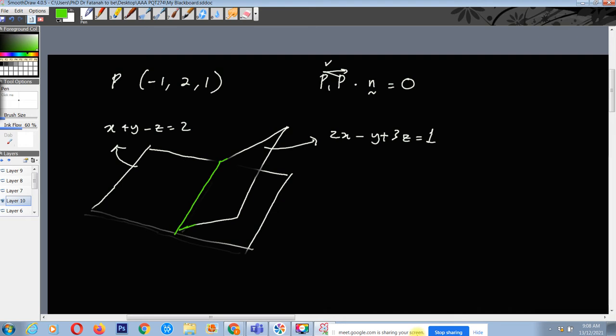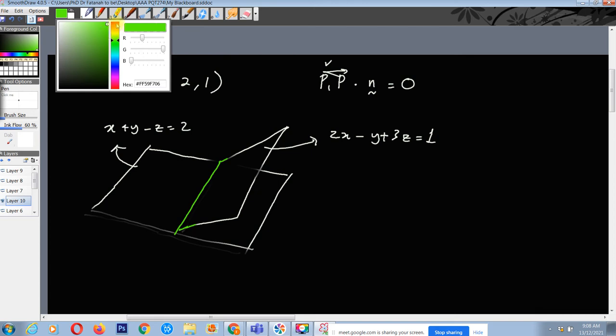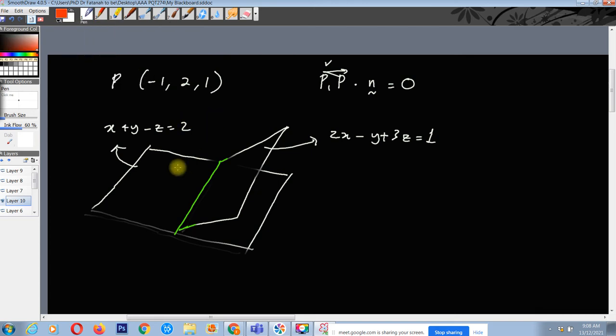Now you can imagine this. So what is the normal for this? Which is perpendicular, right? Perpendicular.